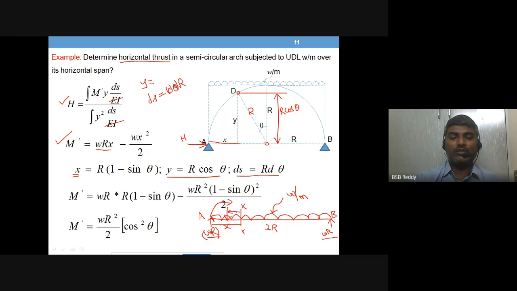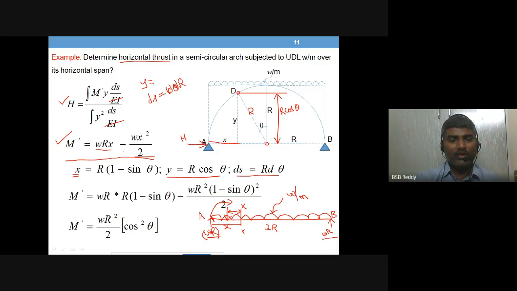So this distance is x by 2. So Wx into x by 2, I write it here in a single step, Wx square by 2. So together it is Wx into x by 2 will become Wx square by 2. So this is how you write M dash.